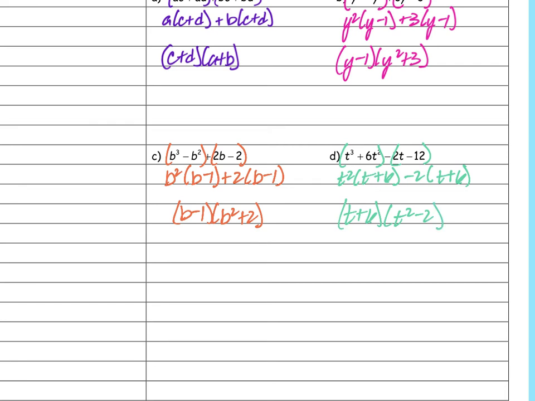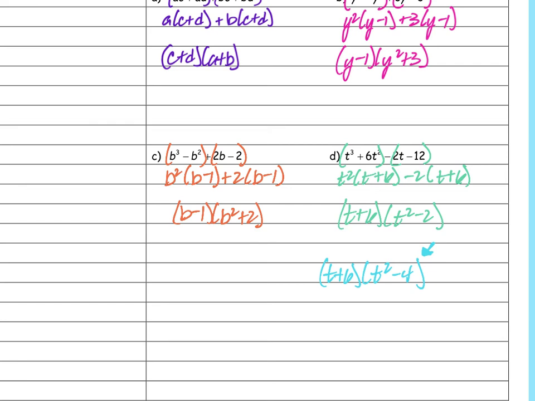Okay, so I do want to say this. If there's no questions, awesome. If this happened to be a slightly different problem, D, and it factored to t plus 6 times t squared minus 4, on the homework or on the Delta Math, you would have to factor the t squared minus 4, even though we haven't got to that yet.